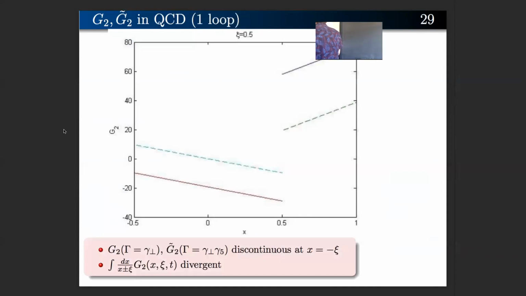So these objects are discontinuous, and the first reaction was oops, because that's how they enter the DVCS amplitude, and you can wave your arms as much as you want, principal value, blah blah blah. You can't make any sense out of the integrals if the functions are discontinuous.